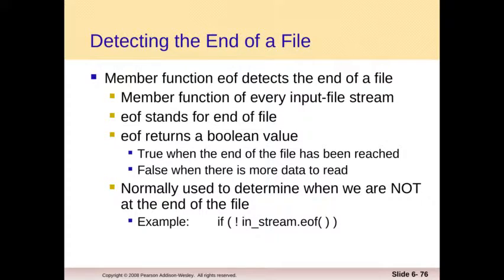If there is no such character, if you've already consumed all the characters and now you're trying to get another one, that's when the EOF is set. That makes the EOF come true. And then if you test for EOF, you will get true.